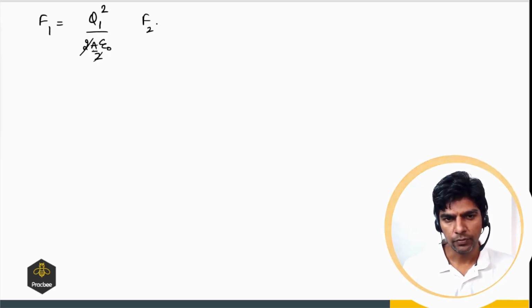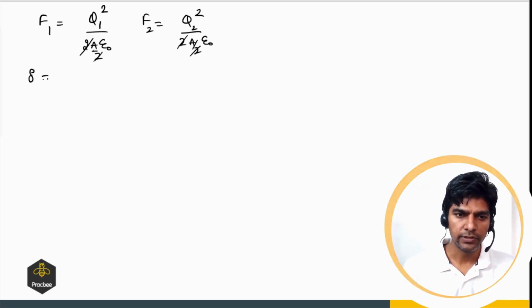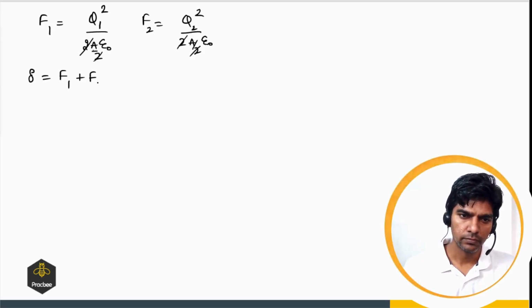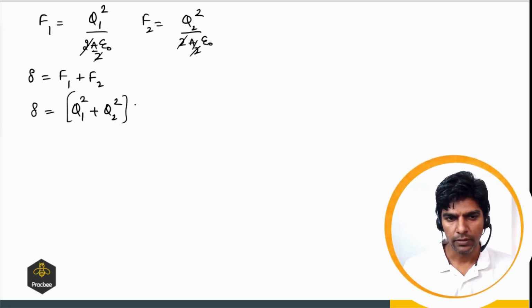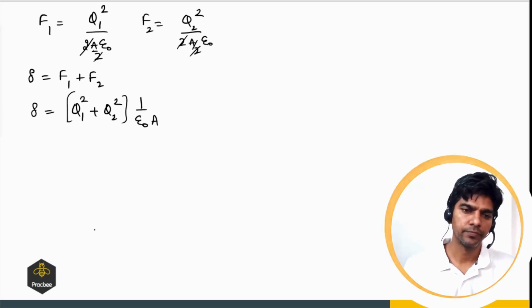And similarly, F2 will be Q2 square upon 2 times A by 2 times epsilon naught. So 8 Newton is given as F1 plus F2. So 8 is equals to Q1 square plus Q2 square times 1 by epsilon naught times A.